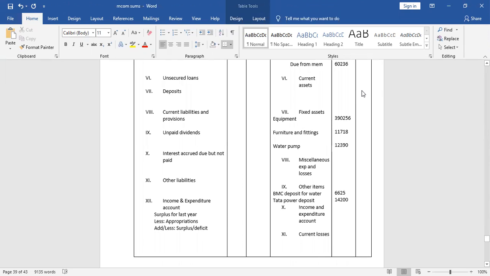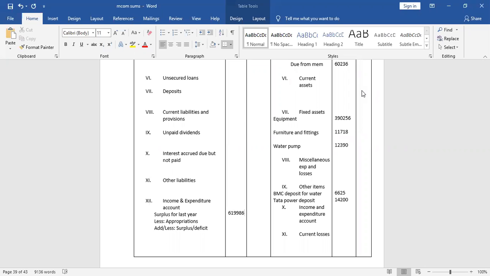Surplus for last year is 6,19,986, and we have written this.